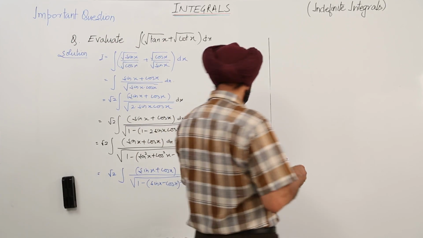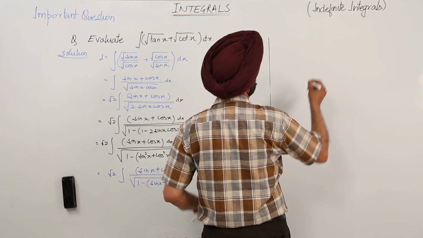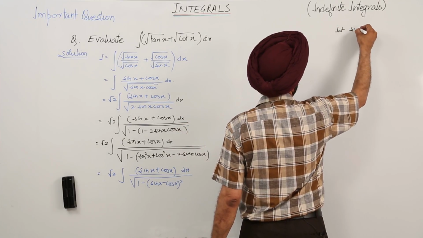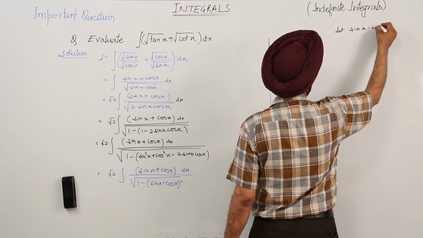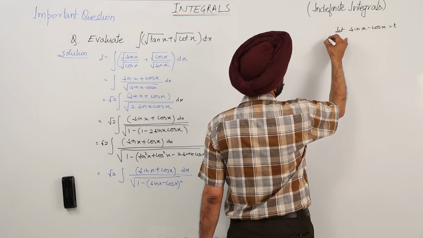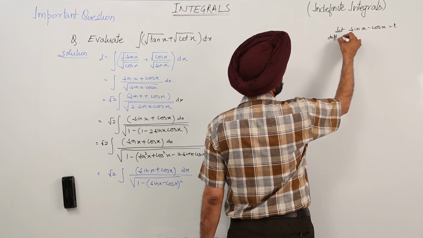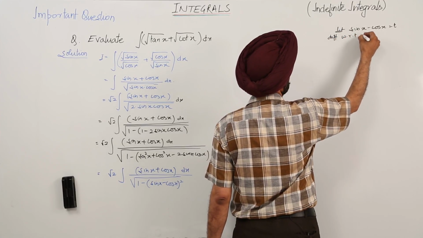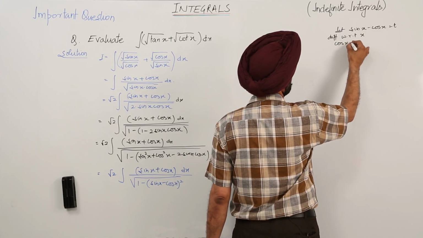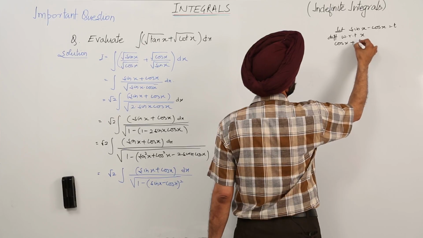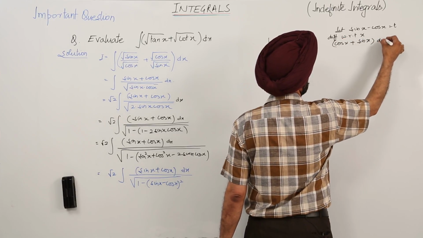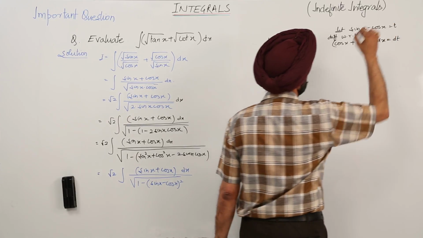Okay. So now let sin x minus cos x equal t. Differentiating with respect to x, sin x becomes cos x and cos x becomes minus sin x, so it becomes plus, and dx equals dt.